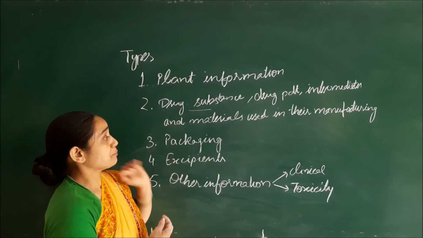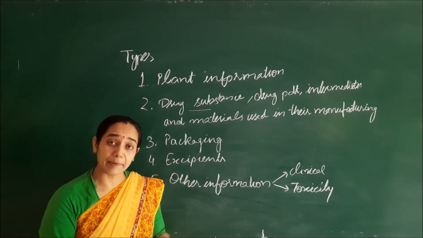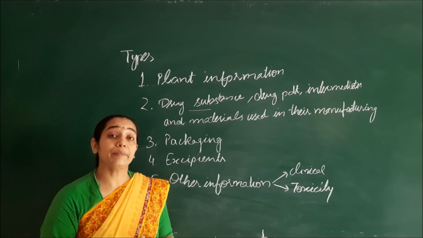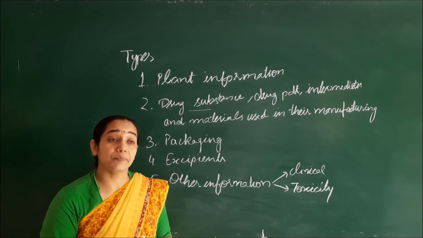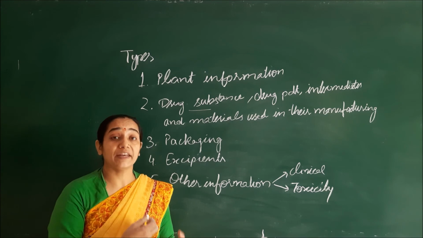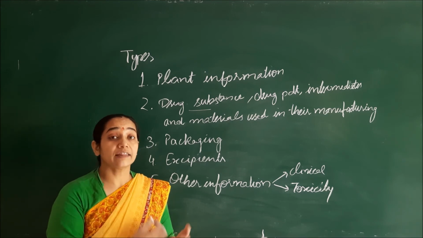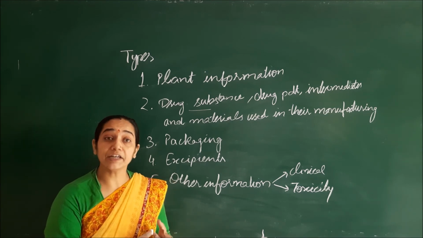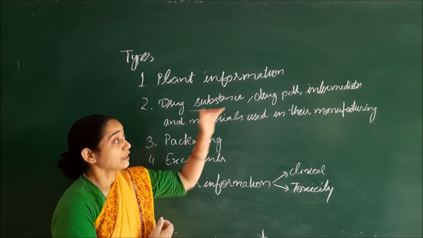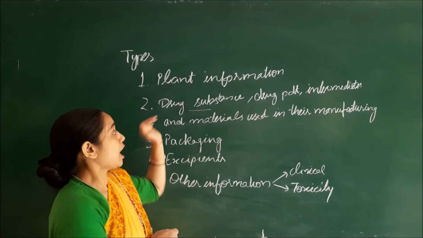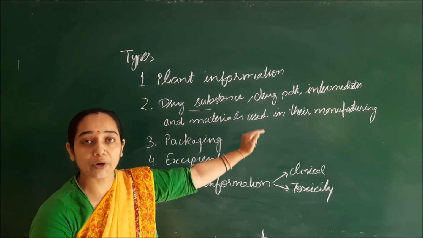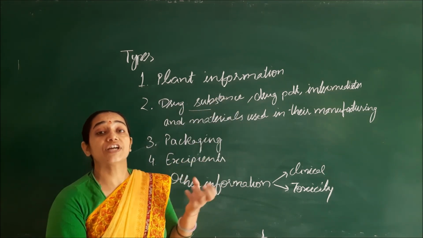For example, if I am going to manufacture a tablet, then obviously what will be the intermediate steps? If I am preparing it by the wet granulation method, then granulation will be the intermediate product.